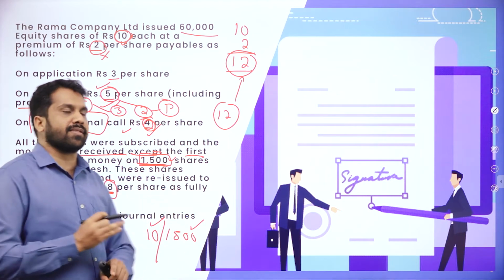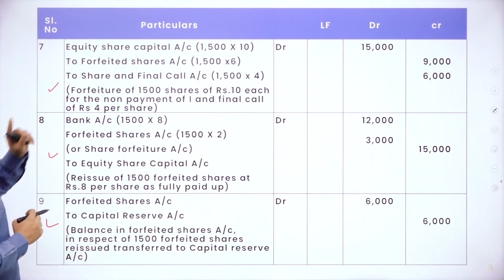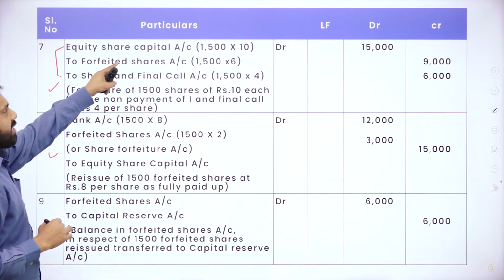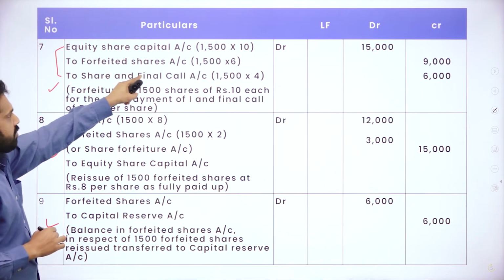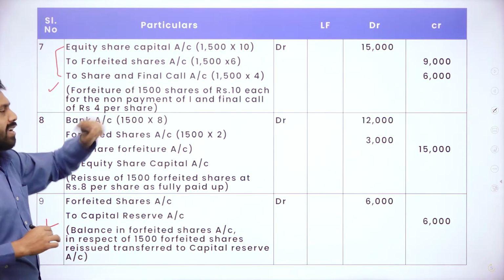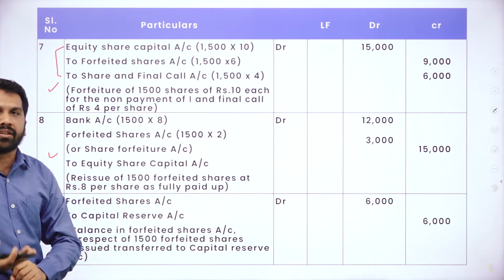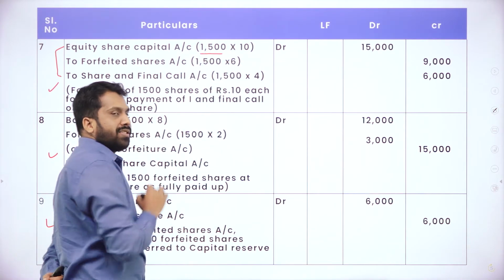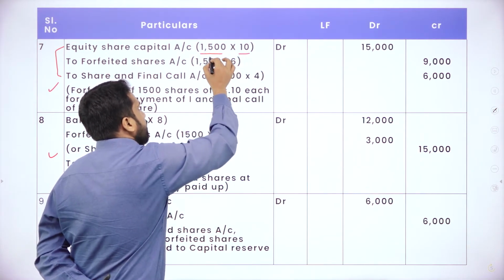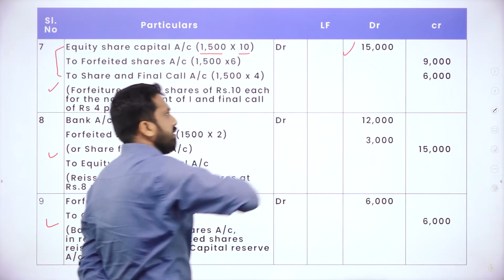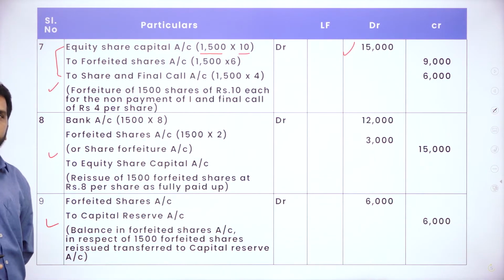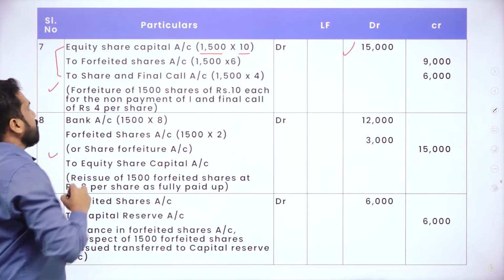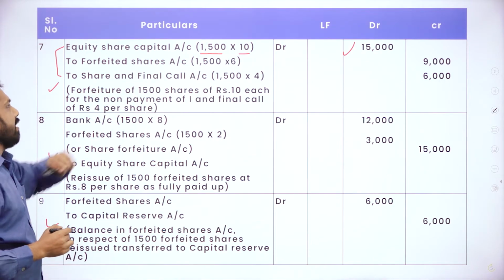We'll go back to your answer. Now, in this, your journal entry is: Equity share capital to forfeiture of shares and to share first and final call. How to calculate? How many shares are you cancelling? 1,500. What is the actual value? 10 rupees. 1,500 into 10, 15,000. Any doubt? No. Next, your second one will come later. Come to the last one: share first and final call.